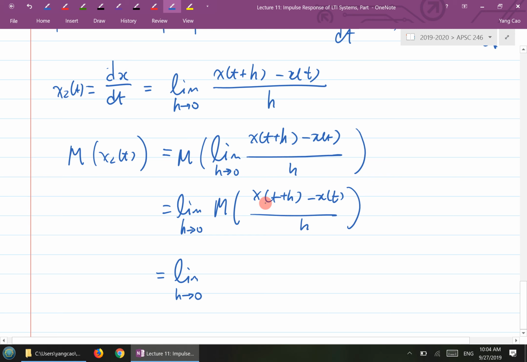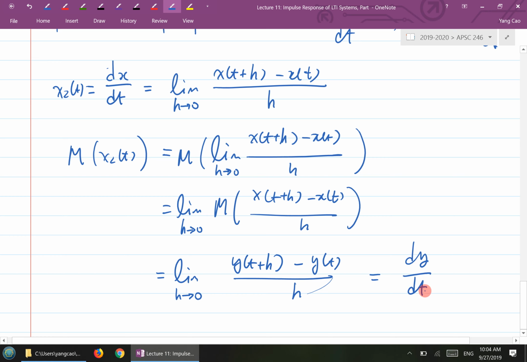And the output corresponding to x of t plus h is y of t plus h. And the output for this one here is y of t. And h, you don't change, still h. So now you get basically the definition of the derivative for dy over dt.